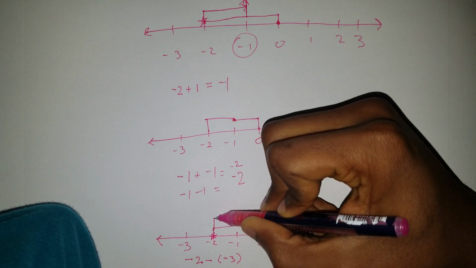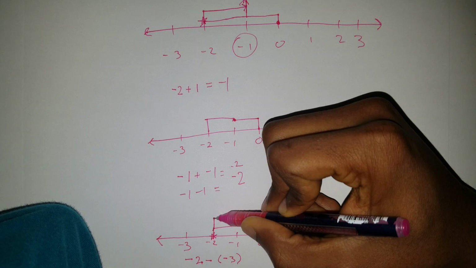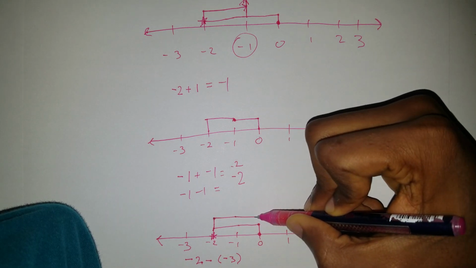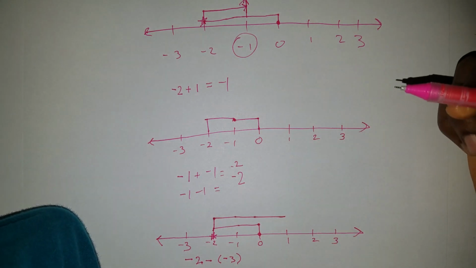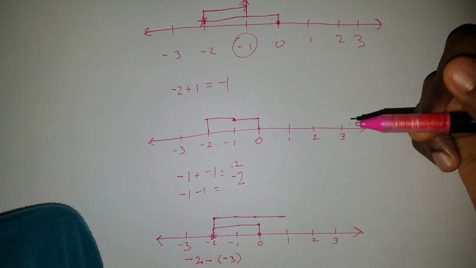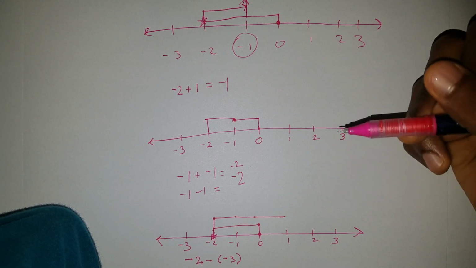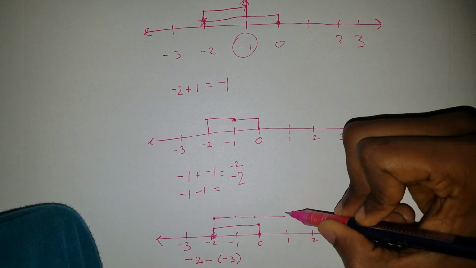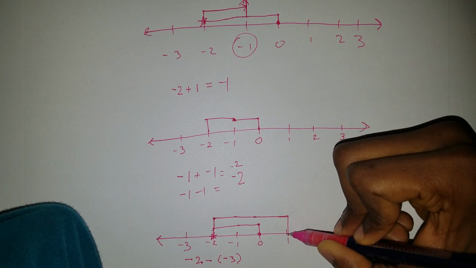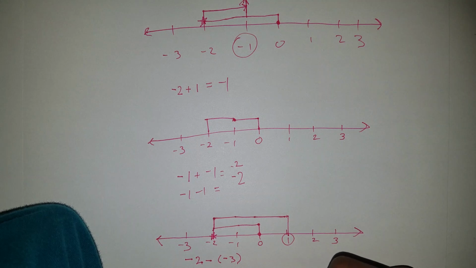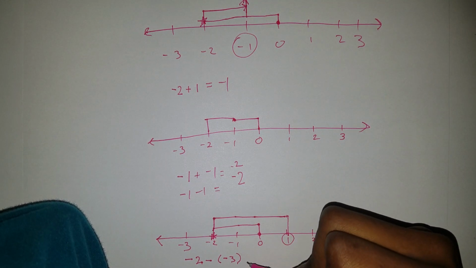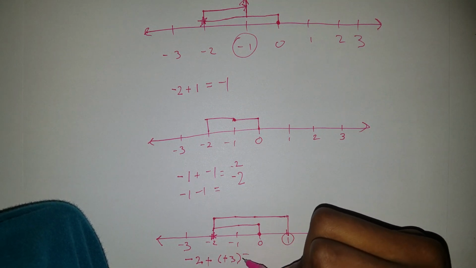So we now go up and move to the right 3 units. 1, 2, 3. Remember, whenever you subtract a negative amount of units, you move right units. And now we're at 1. -2 plus 3 is equal to 1.